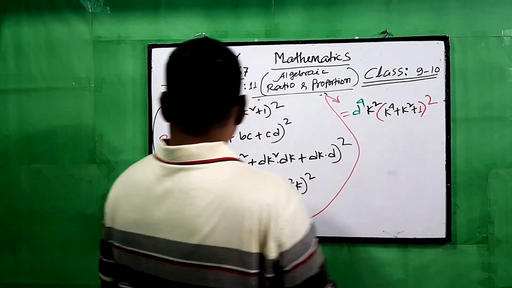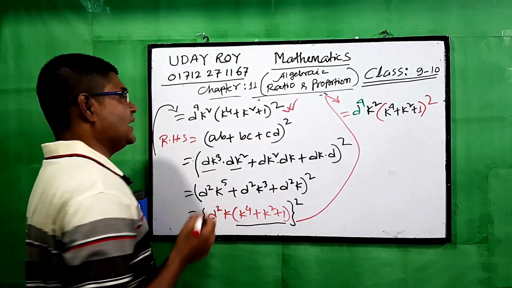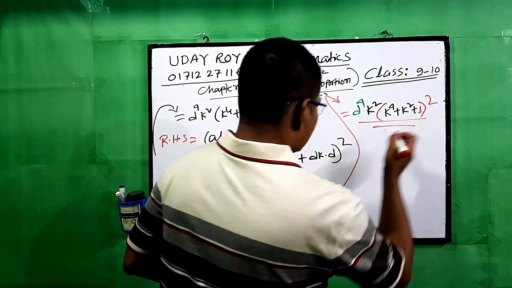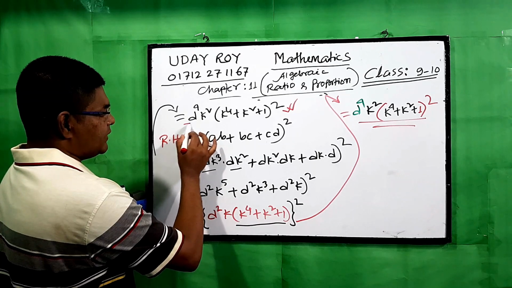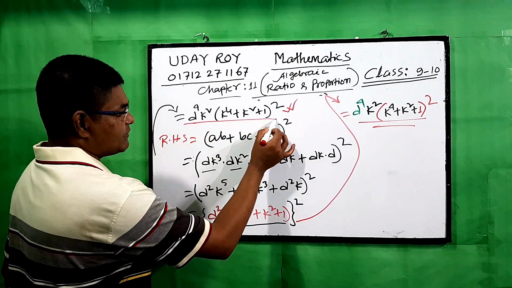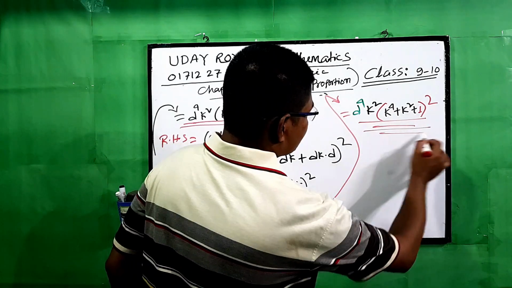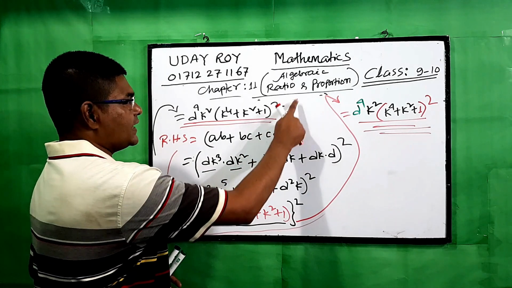A few minutes ago we got the value of the left hand side, and now we have got the right hand side. The left hand side is d4 k square, and we have got the same on the right hand side. So the left hand side and right hand side are equal.